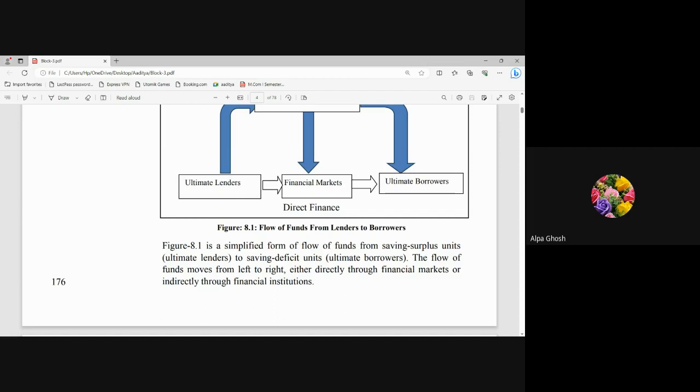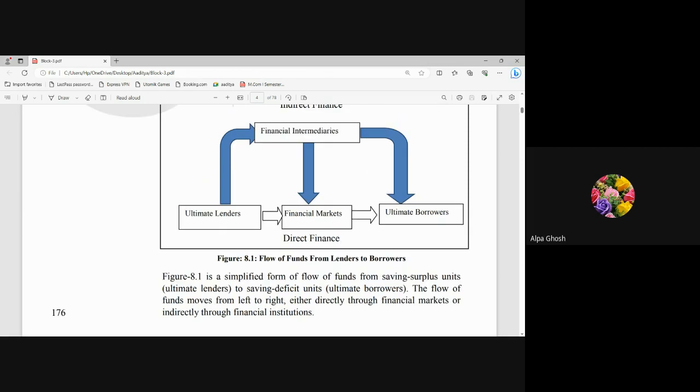So, the flow of funds: ultimate lenders are your surplus unit, and ultimate borrowers are your deficit unit. You can see the arrow, financial market, ultimate lenders. You can see the arrow moves in the upward direction to financial intermediaries.